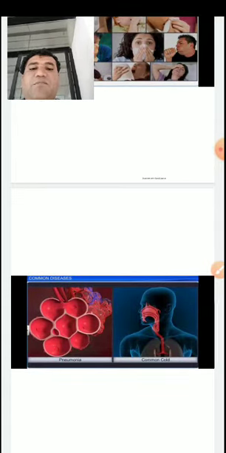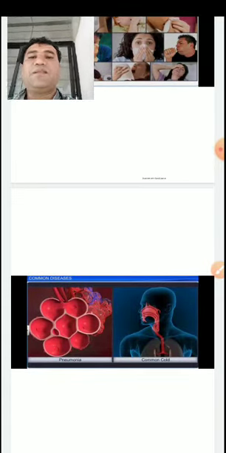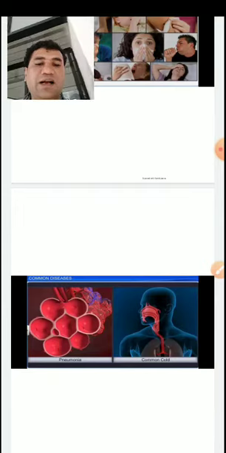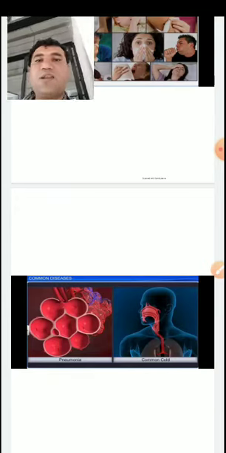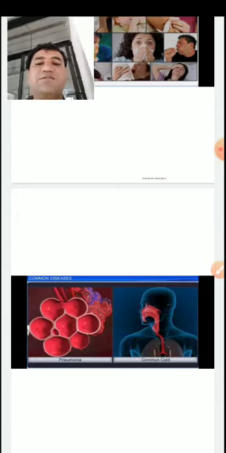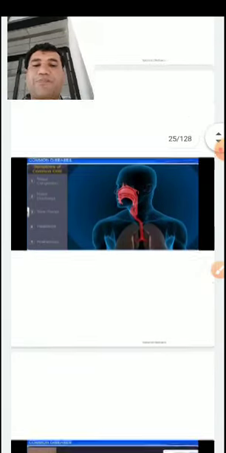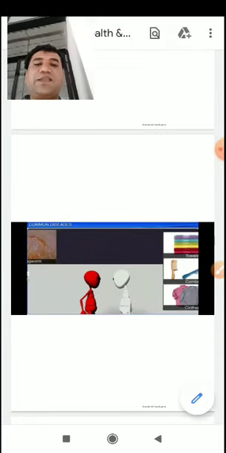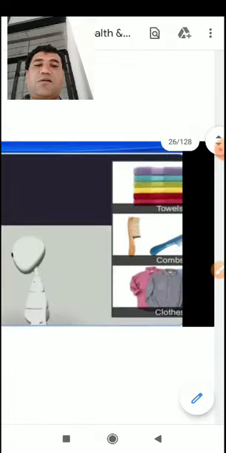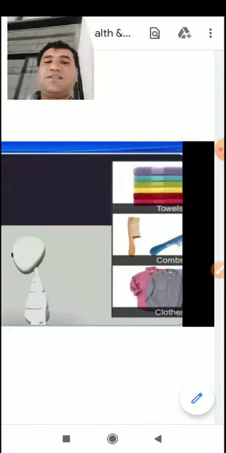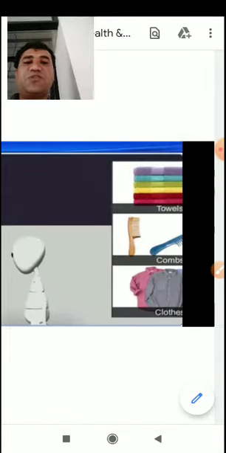There are particular differences between pneumonia and common cold. Common cold does not infect the lungs, whereas pneumonia infects the lungs. Other possibilities of passage of diseases are shared towels, combs, and cloths.